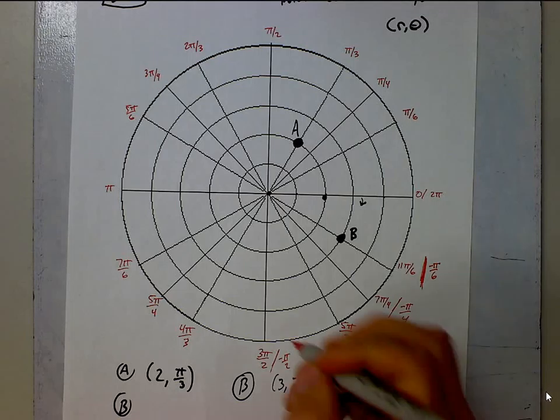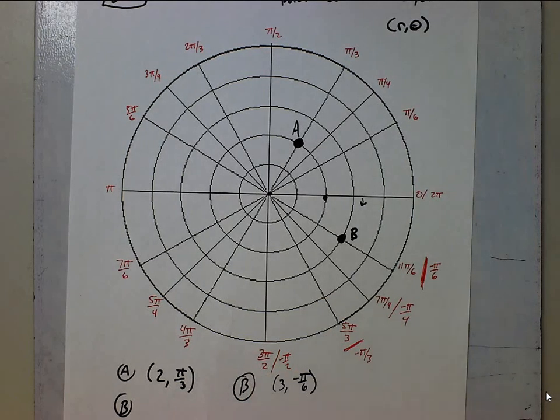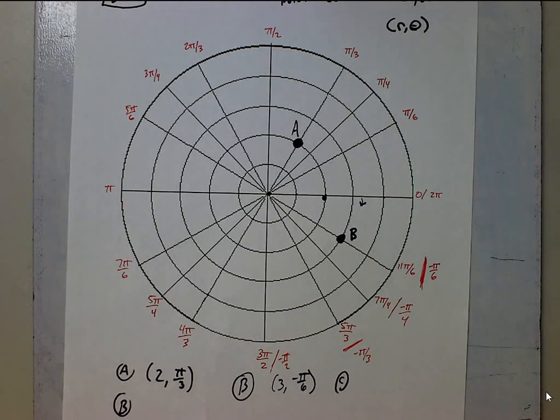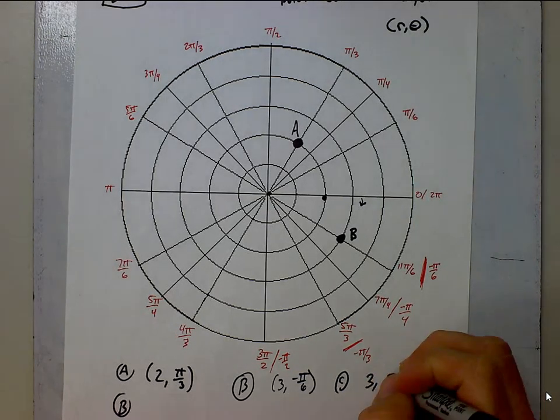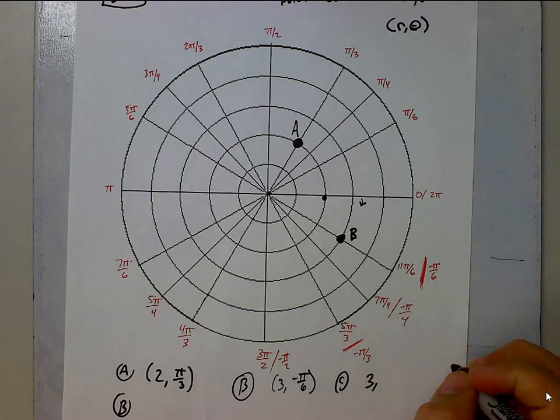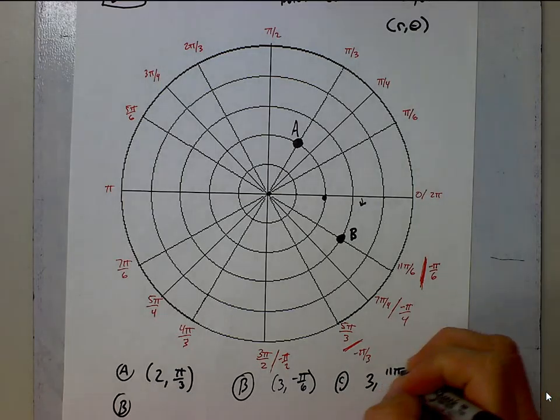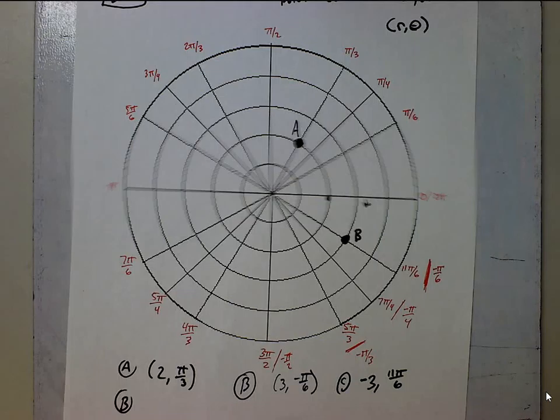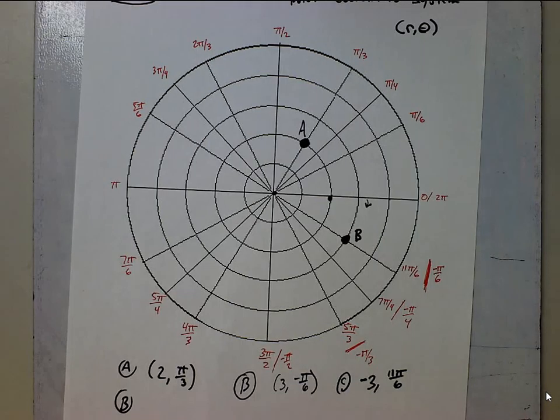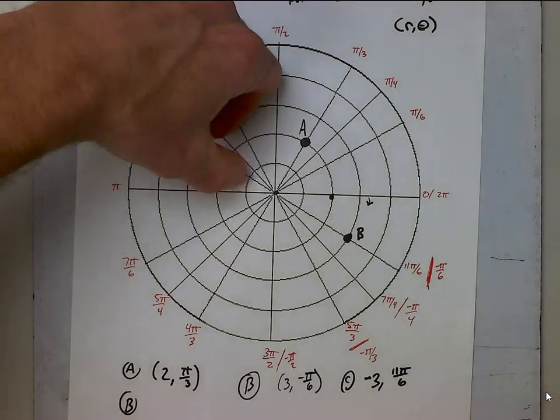Okay? Let's do one more. 3 comma 11 pi over 6. In fact, let's do negative 3, 11 pi over 6. You can see what it means to graph a negative x. Okay? So what we do is, we're going to go negative 3 in the x direction, so 1, 2, 3.